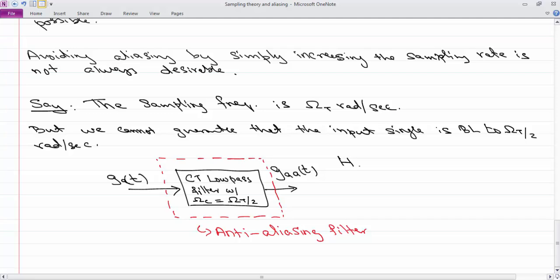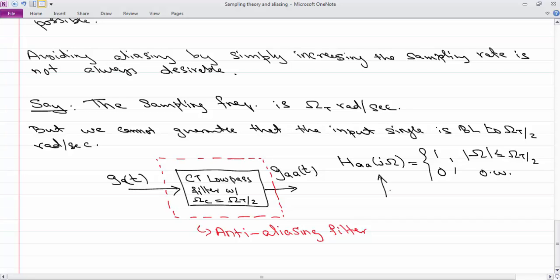So the frequency response of the anti-aliasing filter is 1 for omega less than or equal to omega T by 2 and 0 otherwise. Again, we are assuming an ideal setting.